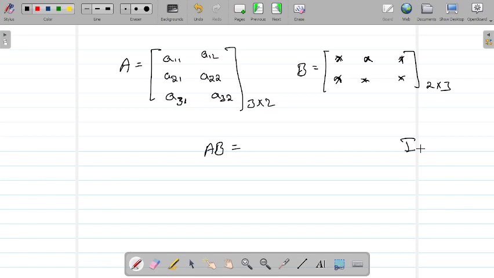Now you are taking the first row, and this is nothing but A11 times R1 plus A12 times R2. Similarly, here you will get A21 times R1 plus A22 times R2, and A31 times R1 plus A32 times R2.